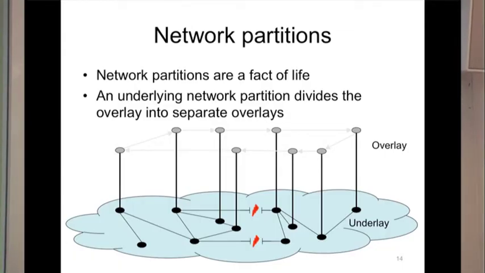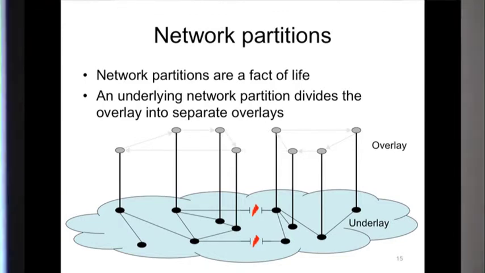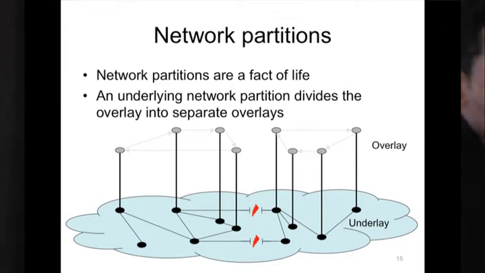What is nice about periodic serialization of Chord and many other structured overlays is that as soon as they detect these failures, they are going to fix the structured overlay. So after a while, nodes will detect the failures, and they will create separate overlays. So you will end up with a separate ring over here, and a separate ring over here, in this partition as well as that partition.